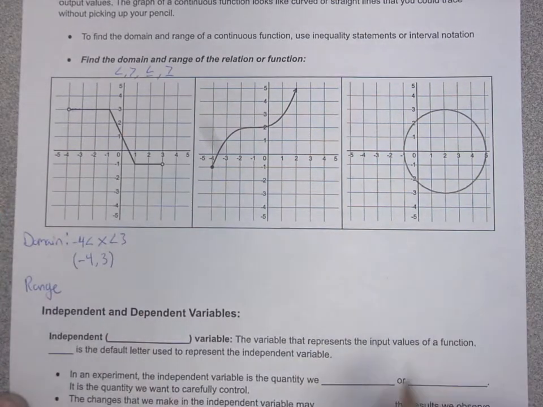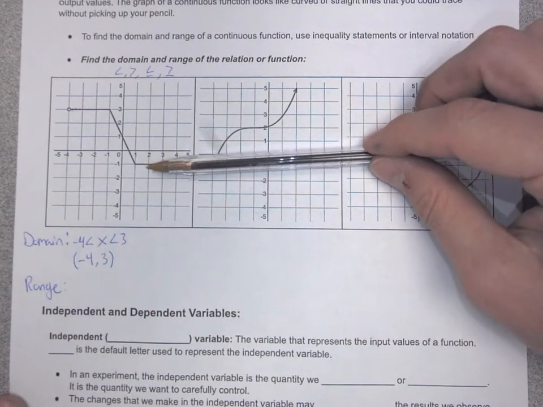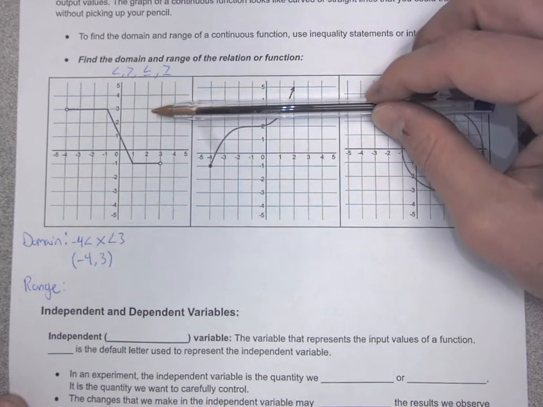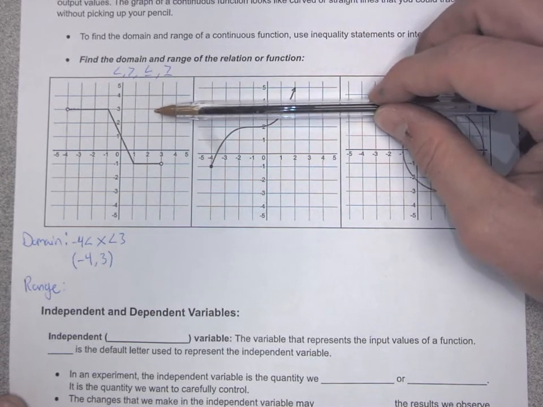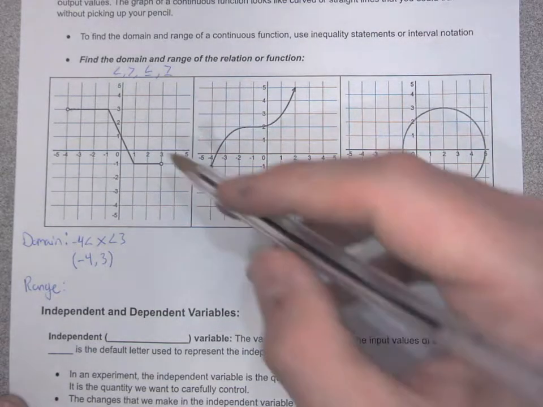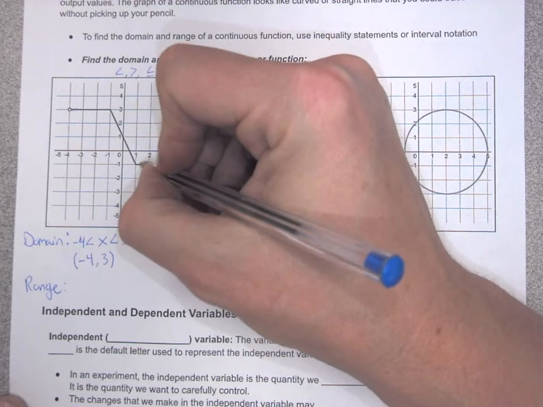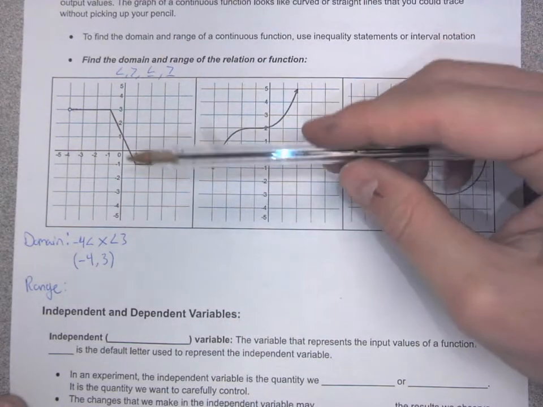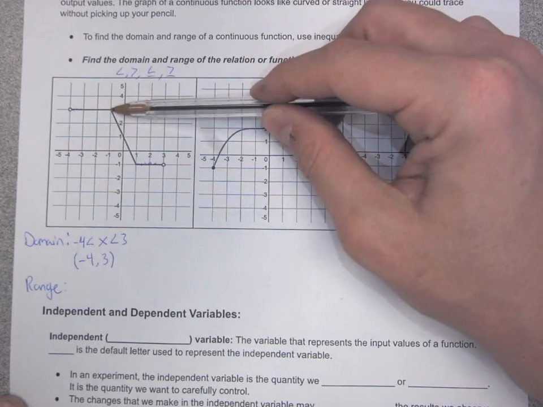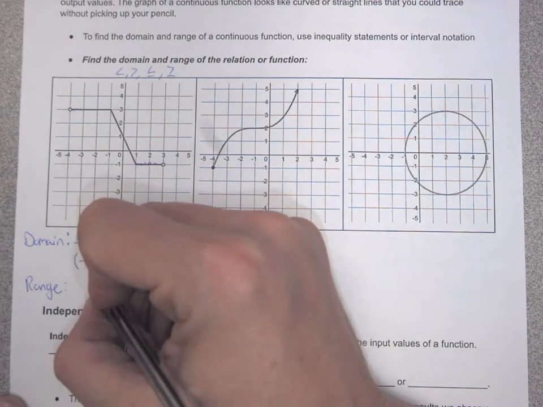All right. Now for the range, we can do the same thing. If you look at the y values, the smallest y value is going to be -1, and the biggest y value is going to be 3, including -1 and including 3. So notice, even though this point's not included here, we still have all these points here that are included. So -1 is the lowest we're going to get, 3 is the biggest we're going to get, and we're talking about the output values, the y values.